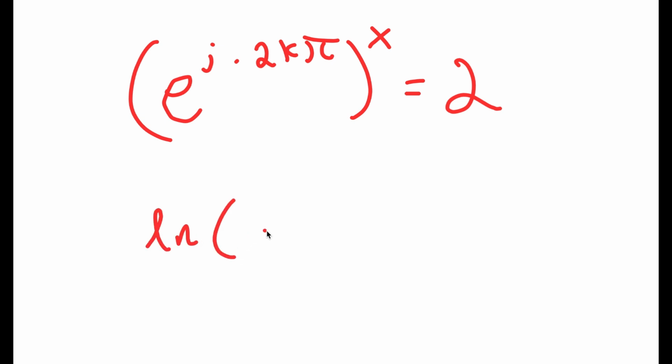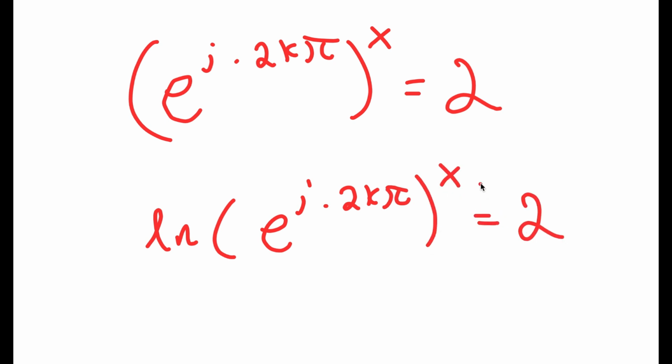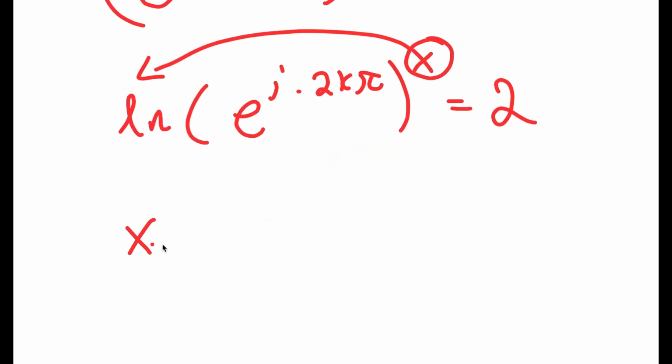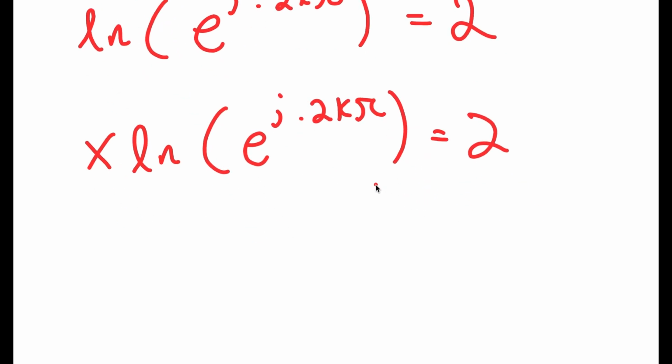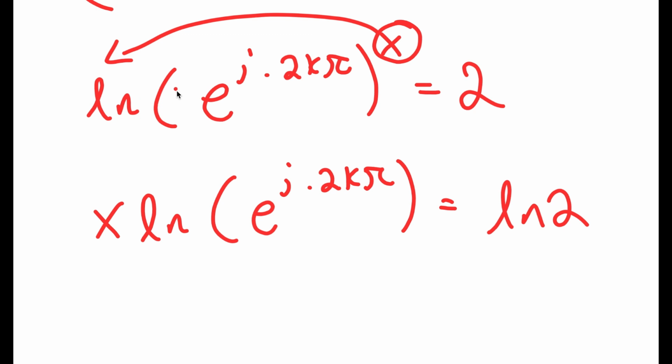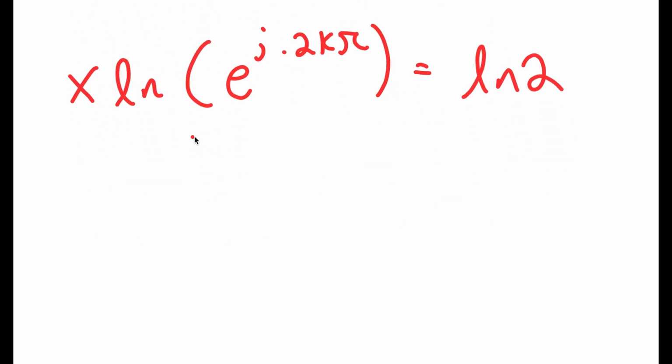So I have ln of e to the power of i times 2k pi, to the power of x, is equal to ln of 2. So I'm going to now bring this x down using the property of natural logarithms. So I get x times ln e to the power of i times 2k pi is equal to ln of 2, because if you take ln on one side, you have to do the other side.